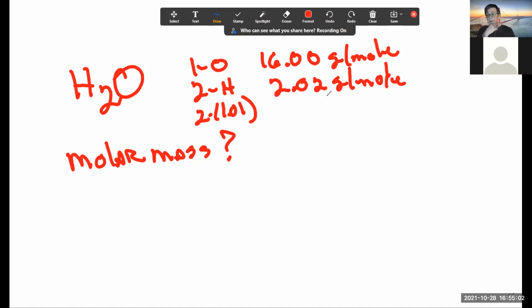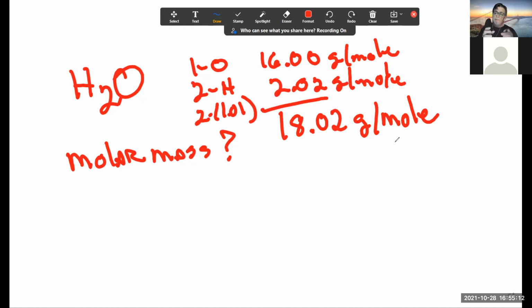That gives us 18.02 grams per mole. So that means if you had a balance with you right now, and you weighed out exactly 18.02 grams, you have 1 mole of water molecules.